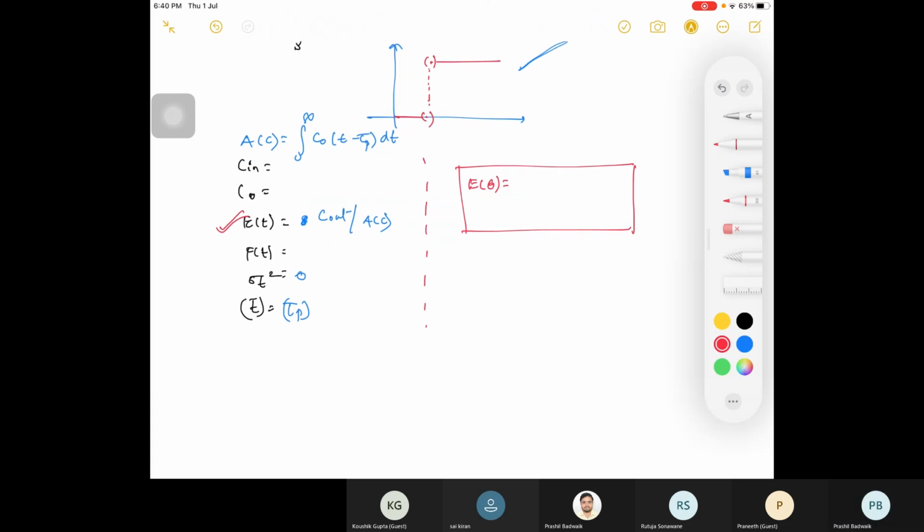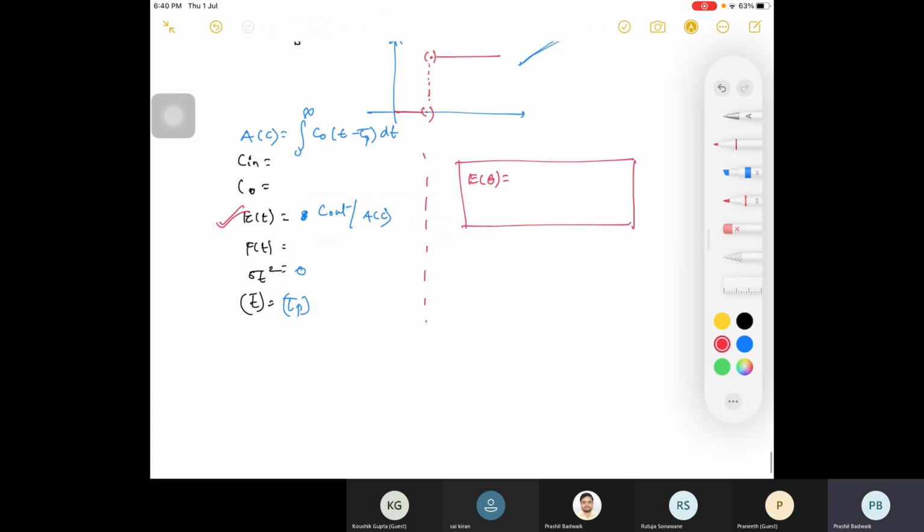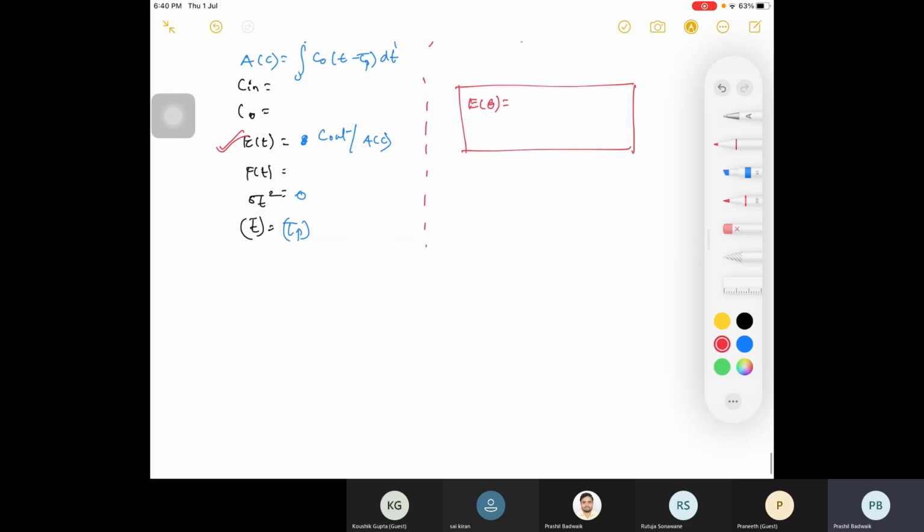Now we will be moving to the next point, that is step tracer injection. This is a bit, I would say, complicated, but we'll try. We'll clear this concept in your process dynamics and control, where you'll be having a step input given to any system. But let's start here.